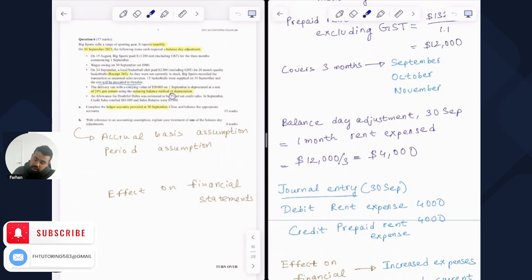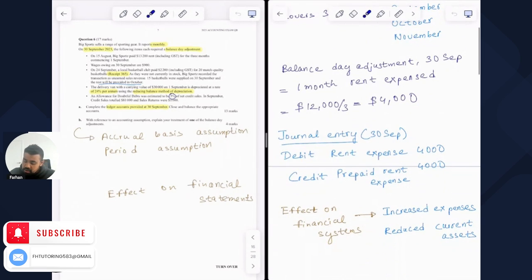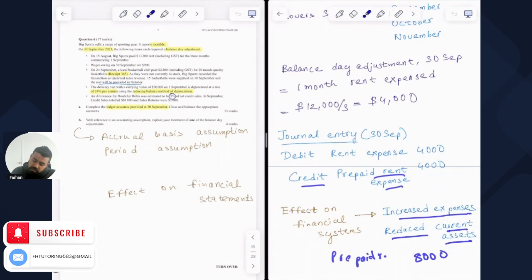Now, based on the journal entry, let's look into the effect on financial statements and have a better understanding. So when we are increasing expenses, what happens? Our profit goes down, right? And if we are crediting prepaid rent, this means that we are reducing the current assets, which means in the balance sheet, we have to show $8,000 as the balance for prepaid rent if we were to calculate it on 30 September.